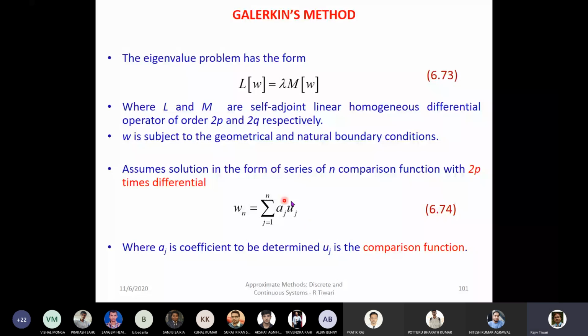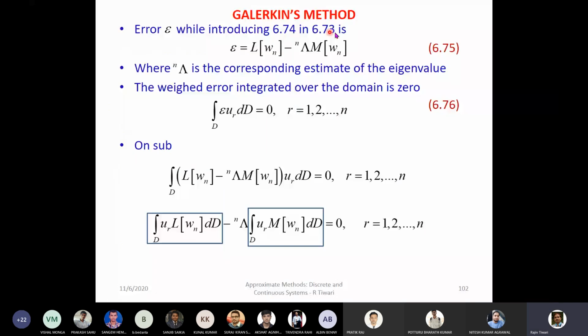And ai is the coefficient which we need to find out to minimize something. This is the assumed solution, which is approximate in nature, because in a continuous system we should have an infinite number of terms, but we have truncated at n. So now if you substitute this here, this equation will not be satisfied completely.